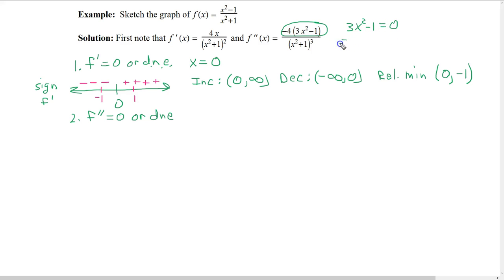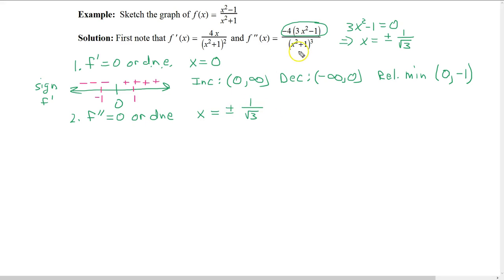This will imply that x equals plus and minus 1 divided by the square root of 3. Just take the 1 over to the other side, divide by 3, and then take the square root of both sides. Notice you do need a plus or minus when you take the square root of both sides. Those are critical numbers for the first derivative.